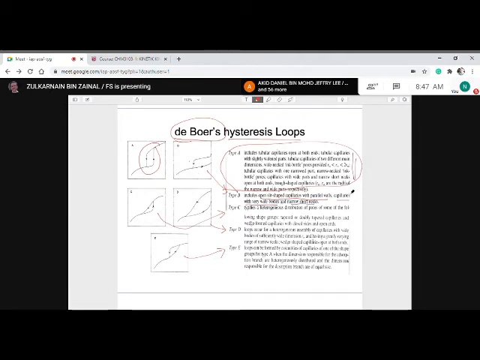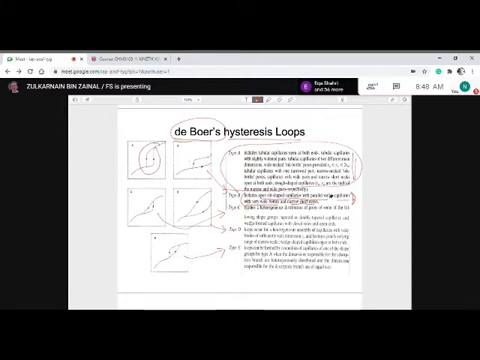So these are the interpretations of this isotherm. You can use this to say something about the pores inside your material.